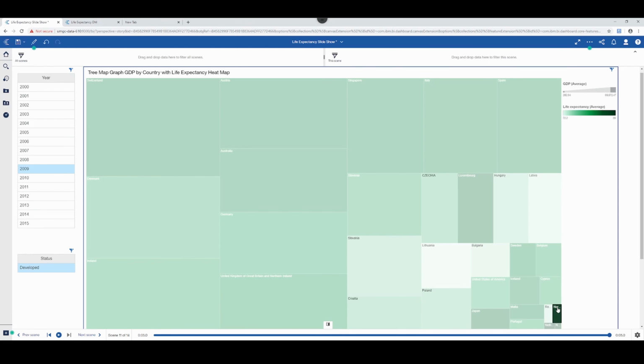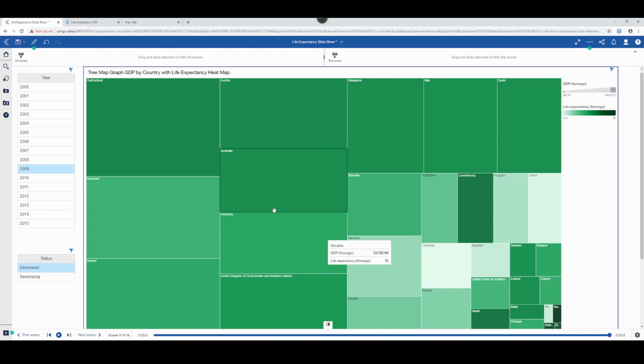See, for example, we have an outlier here, Norway. Has a very low GDP, but a very high life expectancy. And these are all developed countries right now.